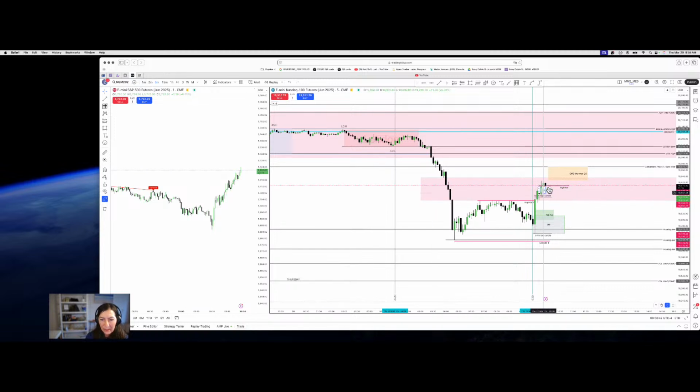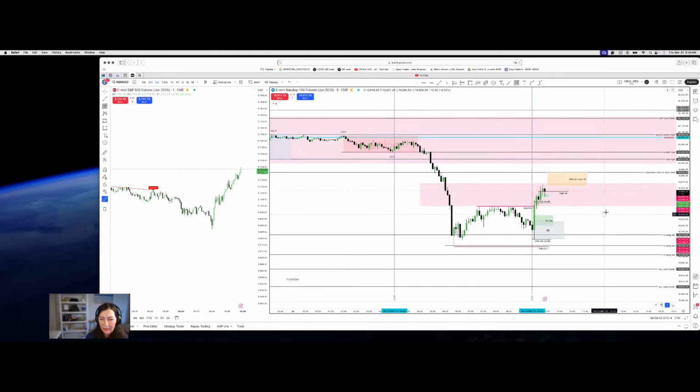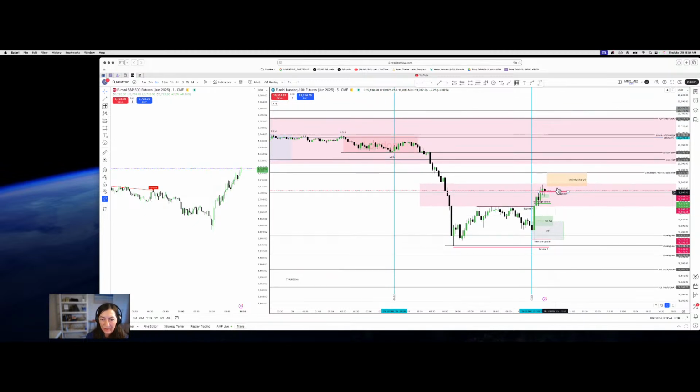This is my 5-minute high, and I would want to see a higher high made with strength, and I'm just not seeing that. It's a very weak 5-minute break of structure.